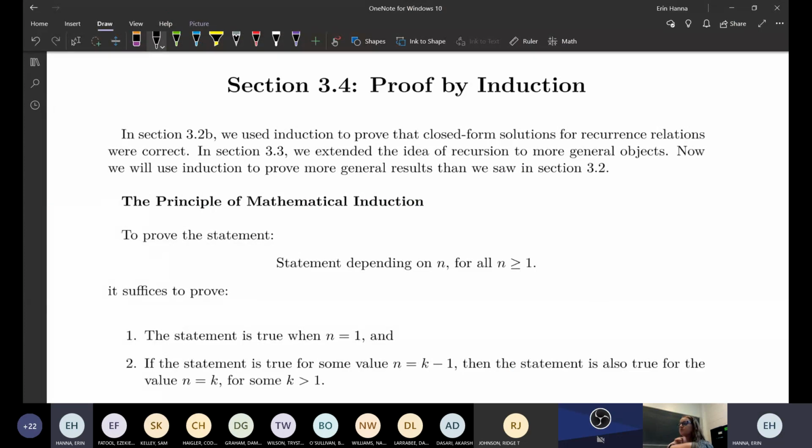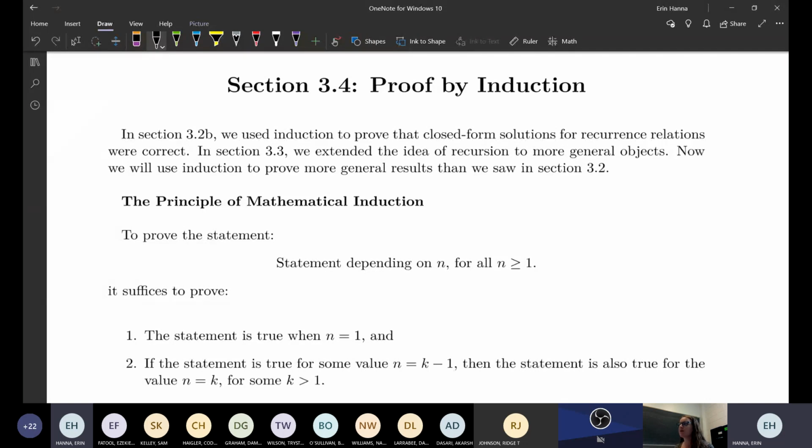So, proof by induction. As we saw in 3.2 and the problem that I just went over, we were using induction to prove that closed form solutions of recurrence relations were actually correct. And then in 3.3, we extended the idea of recursion to more general ideas.